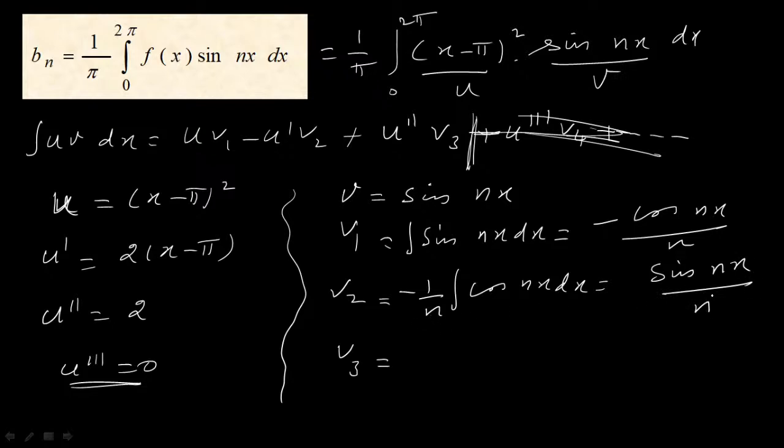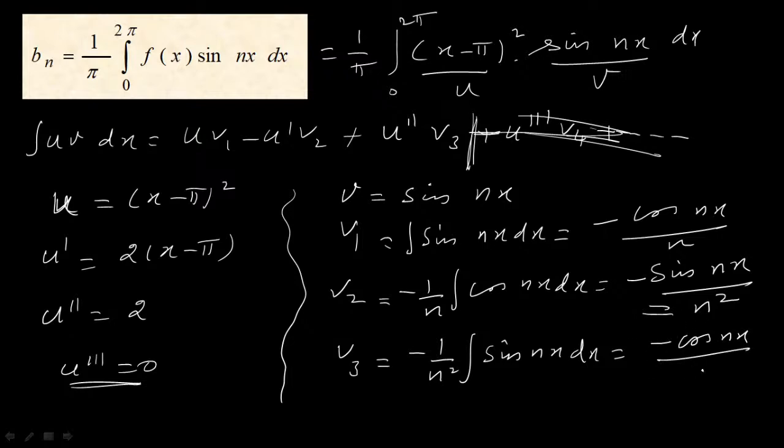Already you have one more n in the denominator, so that becomes n square, also minus in the beginning. Okay, you add that. Next, you have to integrate this term once again with respect to x, that's our v3. So you have to take minus 1 by n square as a constant, take it outside and integrate sin nx. While integrating sin nx, you get minus cos nx divided by n.